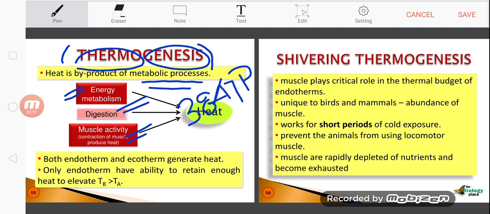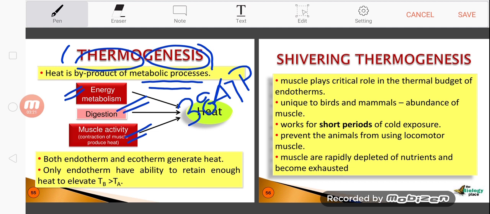You walk 100 meters, you are just walking, but you still sweat, right? So muscle activity can produce heat. Okay, when exposed to cold temperature, metabolic processes will produce heat to counter the cold exposure stimulus.